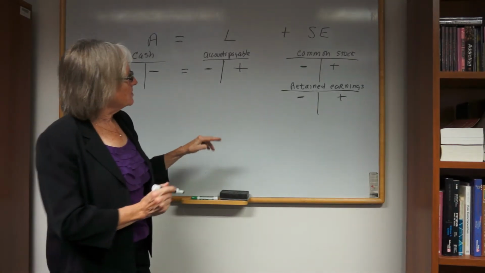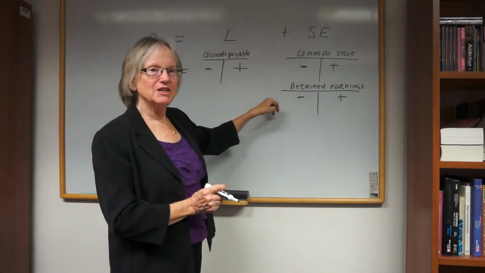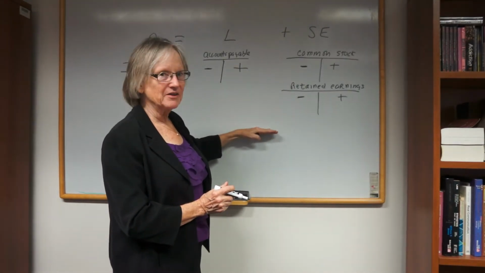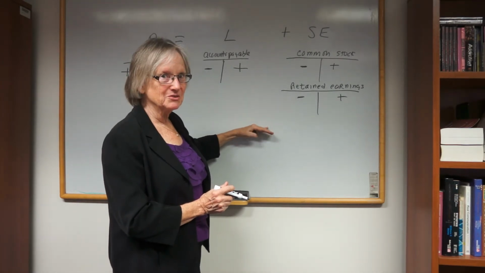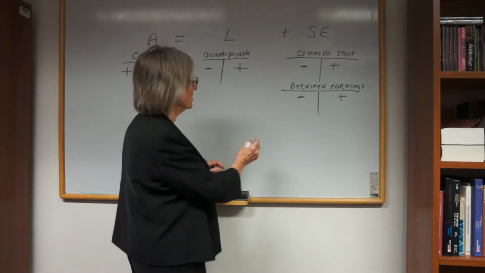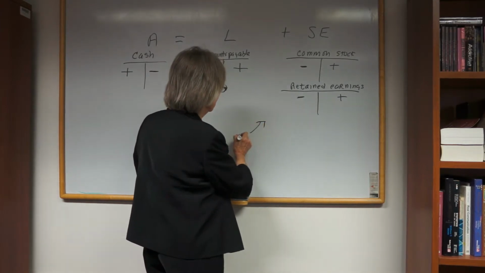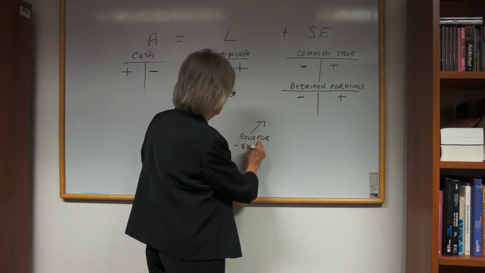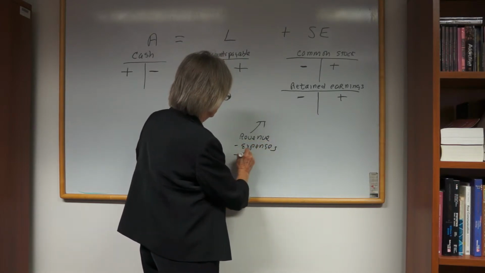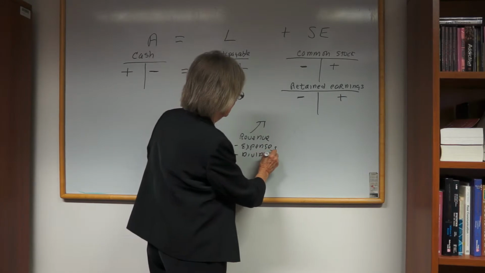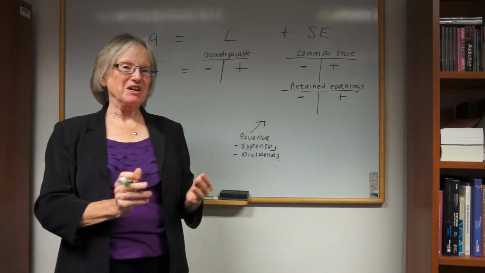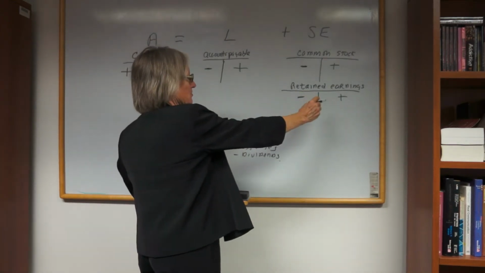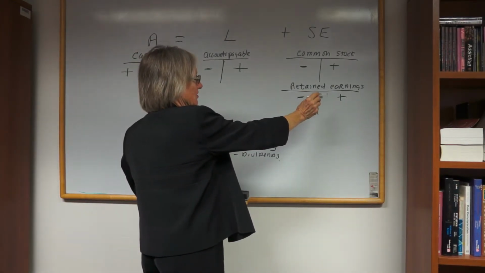Okay, so if we think about retained earnings, when we do the retained earnings statement, if you remember, we start with beginning retained earnings, we add our net income, and net income is your revenues minus your expenses. So all the things that go into retained earnings, you've got your revenues minus your expenses minus your dividends, all get into retained earnings. And so now I'm going to try to get to the answer to this question of why. Retained earnings are increased by a credit.